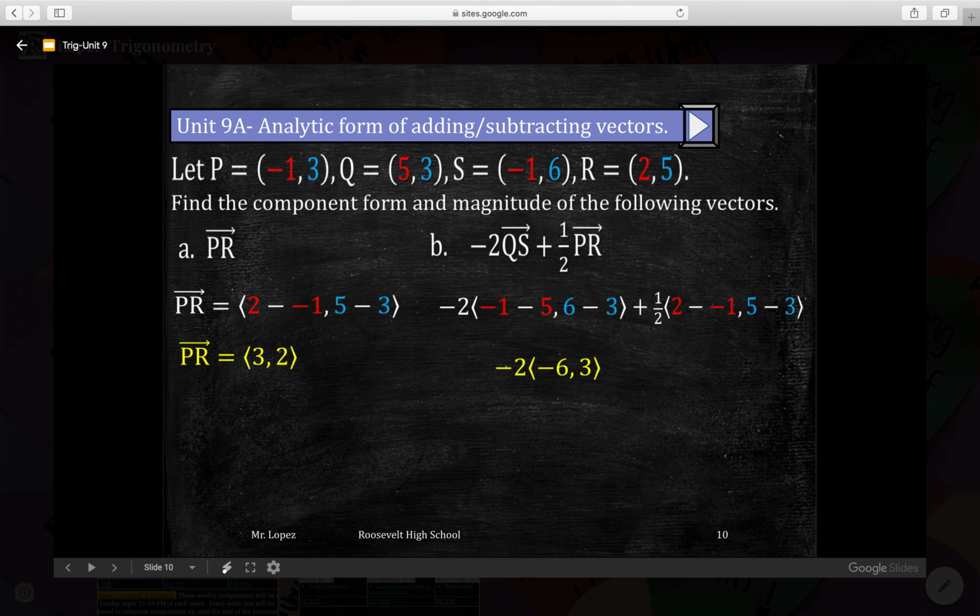So that's going to be negative 2 times (-6, 3). We worked out the inside; let's work out the last part. Plus 1 half, 2 minus negative 1 is 3, and 5 minus 3 is 2, so it's 1 half times (3, 2). Distribute the negative 2: positive 12, negative 6, added to 3 halves and 1.